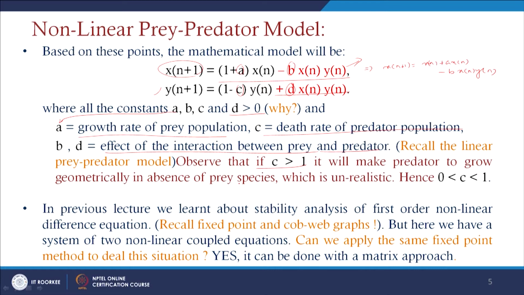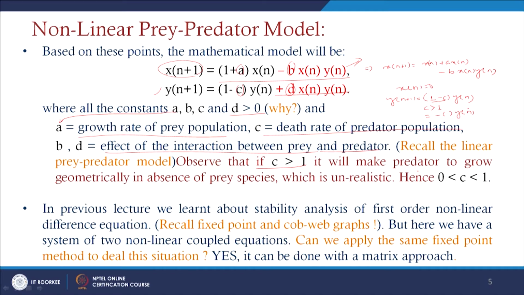Then we have y_{n+1} equal to (1 minus c) y_n. If c is greater than 1, this gives a negative factor, so a negative constant times y_n.